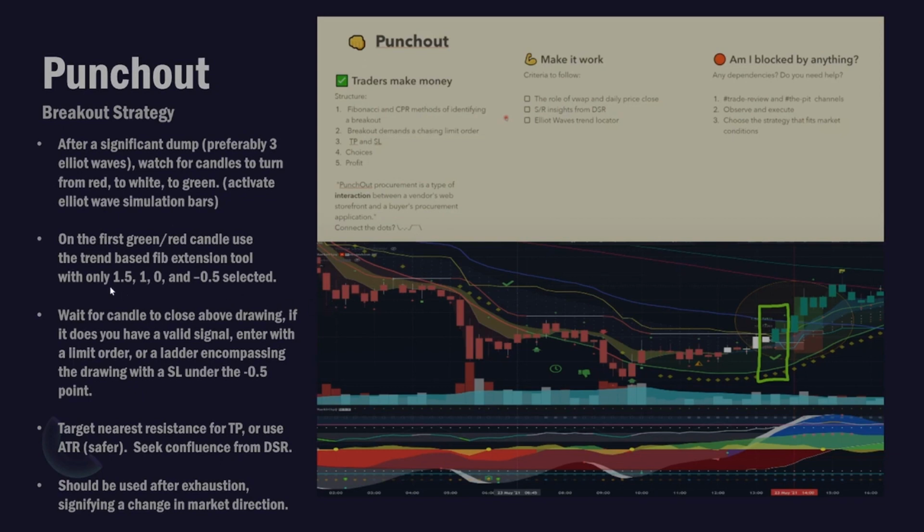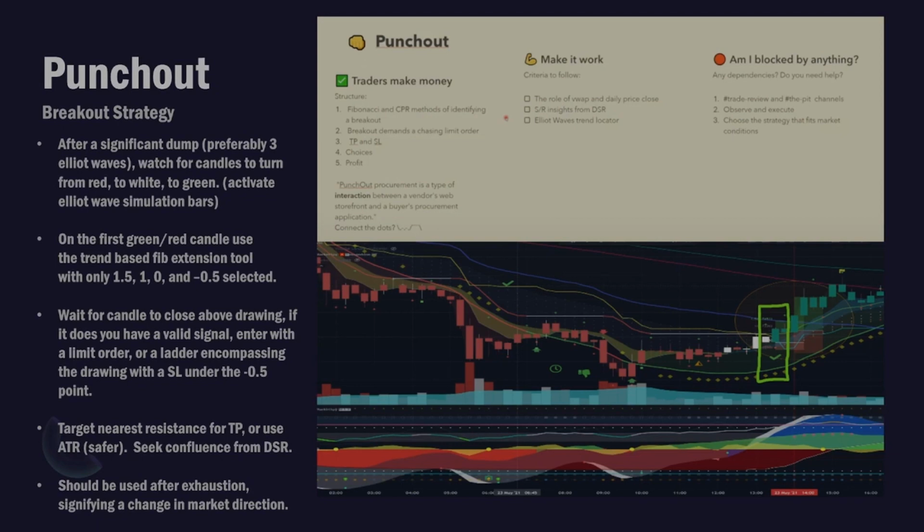So after a significant dump, preferably, I think in the example used, you count 3 Elliott waves through our Elliott wave simulation. So if you're in a strong downtrend, say, you'd have a bunch of red candles, and then you might have a few shift from red to white, and then it has another leg down.